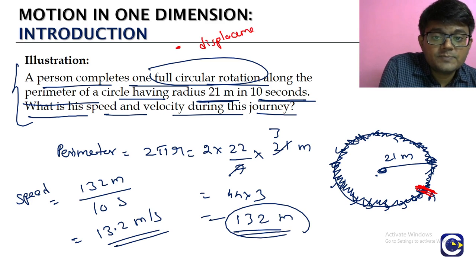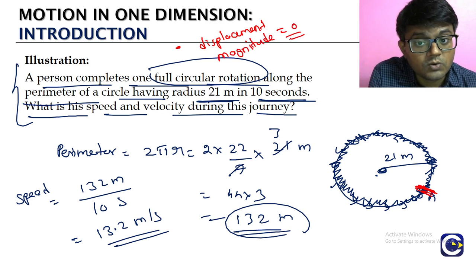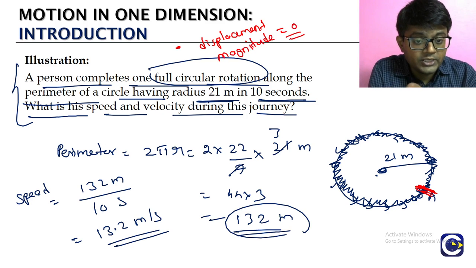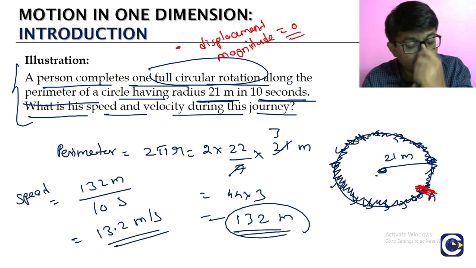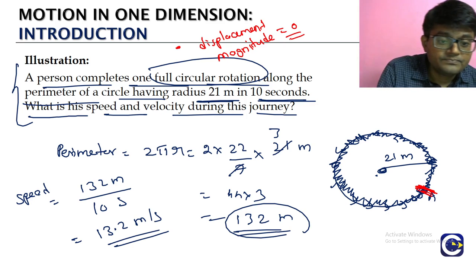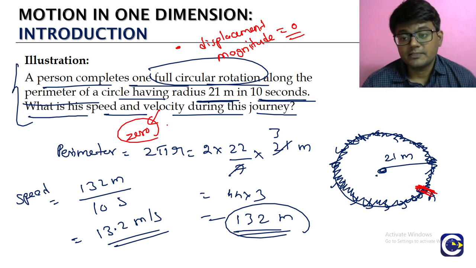What will be the displacement magnitude? It will be 0, because the starting point is the same as the ending point. If you try to draw the shortest line between them, you cannot draw a line because that is the same point. So the displacement magnitude is 0. As a result, the velocity will be 0.